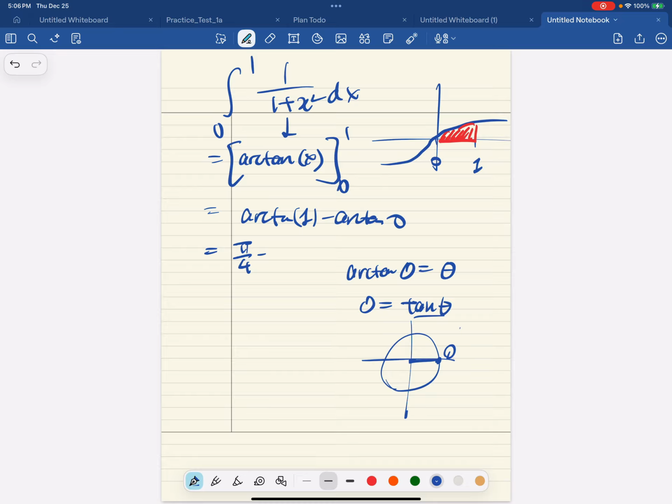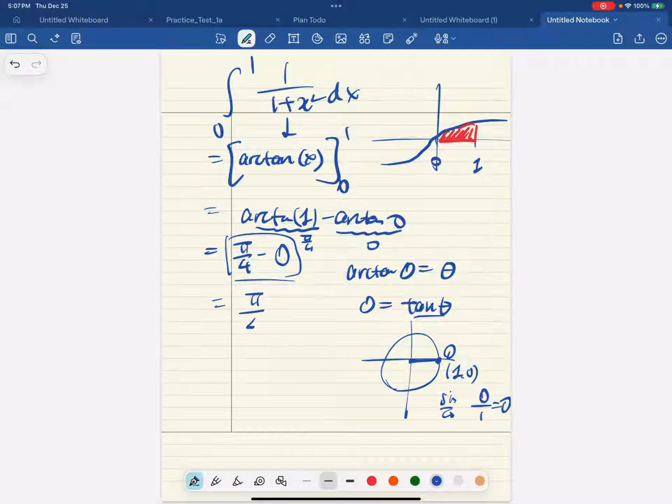Arctan of 0 will have coordinates 1 and 0. So sine over cos, 0 over 1, will give 0. So minus 0. Arctan of 0 is 0. Arctan of 1 is pi over 4. We do the subtraction. That's just going to give pi over 4. That's the answer.